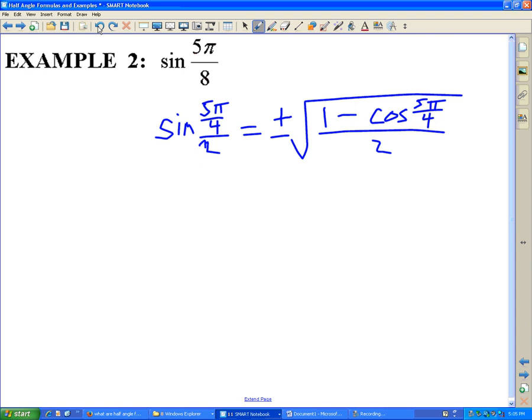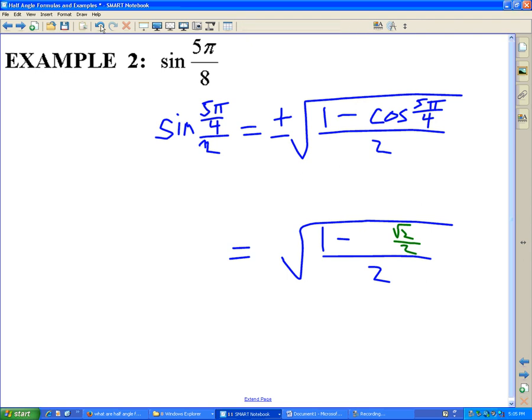Okay? So remember what I just talked about on the last problem. Every single problem, we're going to need to make 2 important decisions regarding positive or negative. You can look up here at the cosine of 5 pi over 4 and know that that's a pi over 4 reference angle, and cosine of pi over 4 is root 2 divided by 2.